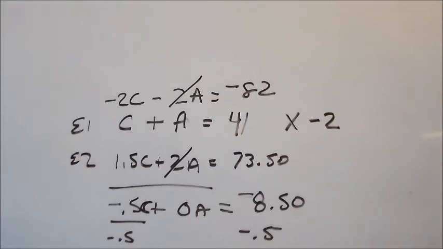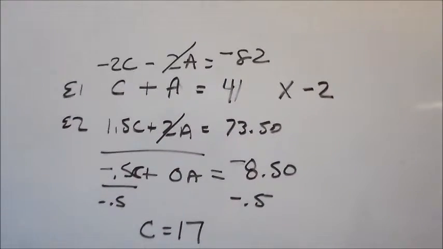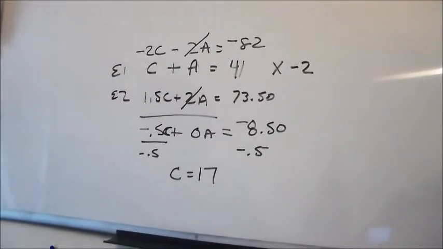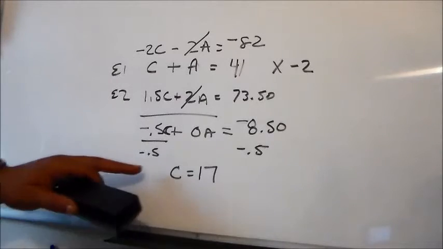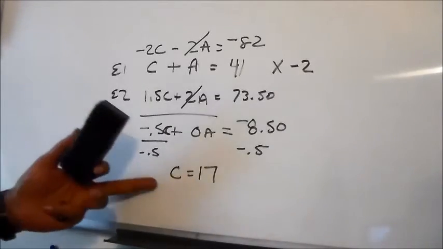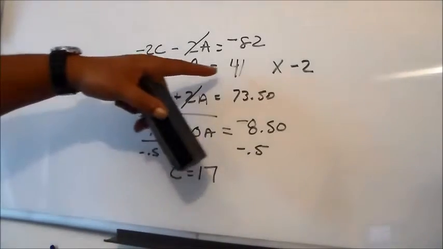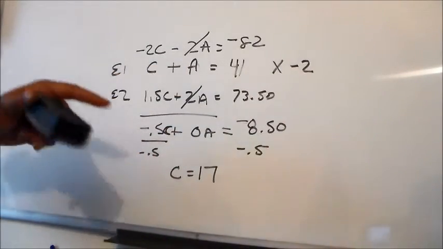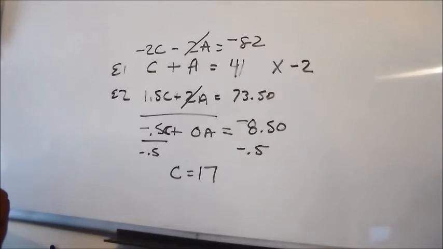Let's zoom back out a little bit. You can see 17 children's tickets were sold. At this point we could say, we know 17 children's tickets were sold and the total was 41, so just subtract 17 from 41 and we get 24 adult tickets sold.